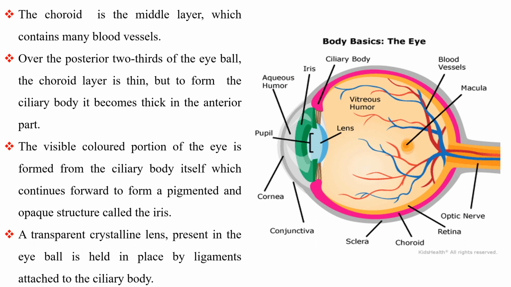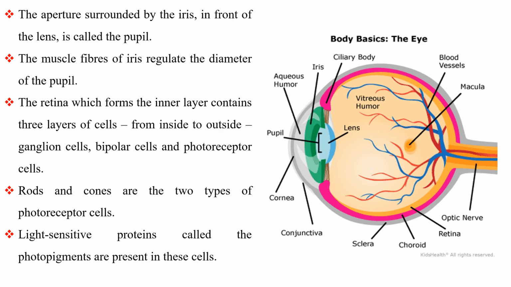A transparent crystalline lens present in the eyeball is held in place by ligaments attached to the ciliary body. The aperture surrounded by the iris in front of the lens is called the pupil. The muscle fibers of the iris regulate the diameter of the pupil.